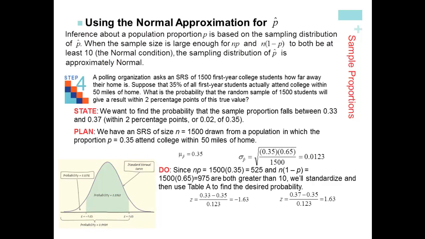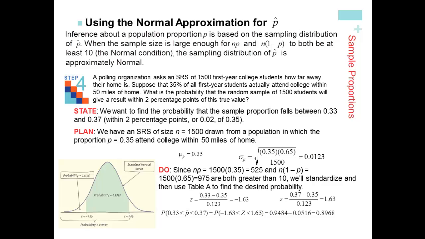In doing this, for 0.33, I would get a z-score of negative 1.63, and when I standardize the value of 0.37, I end up with a standardized value z of 1.63. Now, in using table A to find the probabilities, I end up with a probability of 0.9484 for a z-score of 1.63 and a probability of 0.0516 for a z-score of negative 1.63.